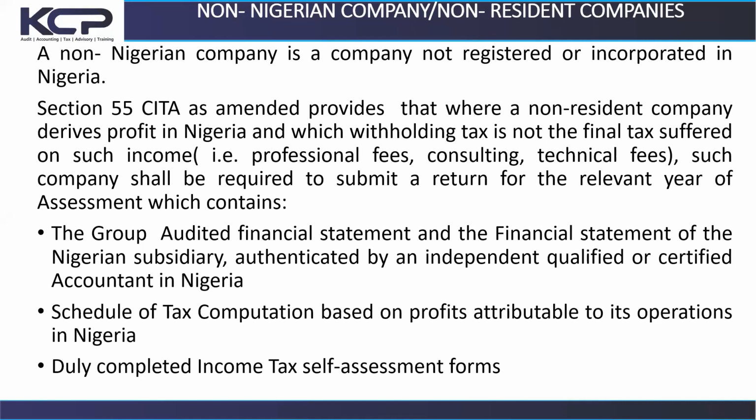And the company concerned is expected to file returns with the relevant tax offices. So when you are doing that, what are the things you need? You will need the audited account of the non-resident entity. You will also need a schedule of the tax computation based on the profit attributable to its operation in Nigeria.